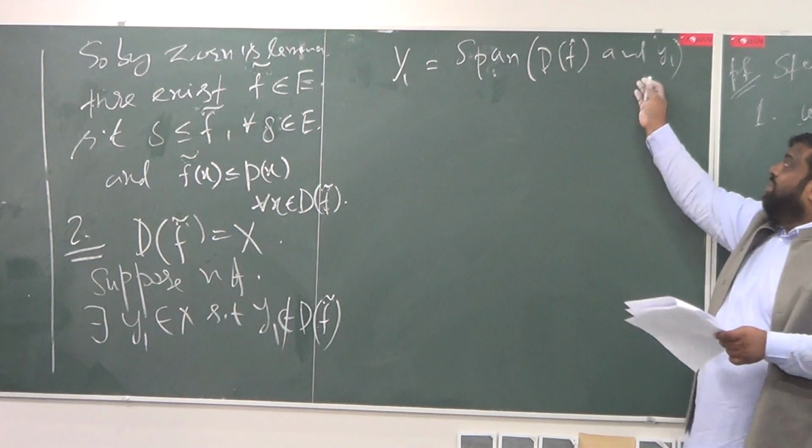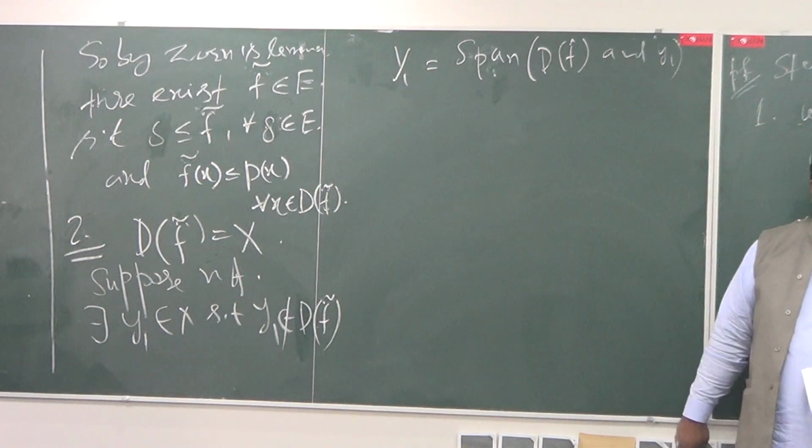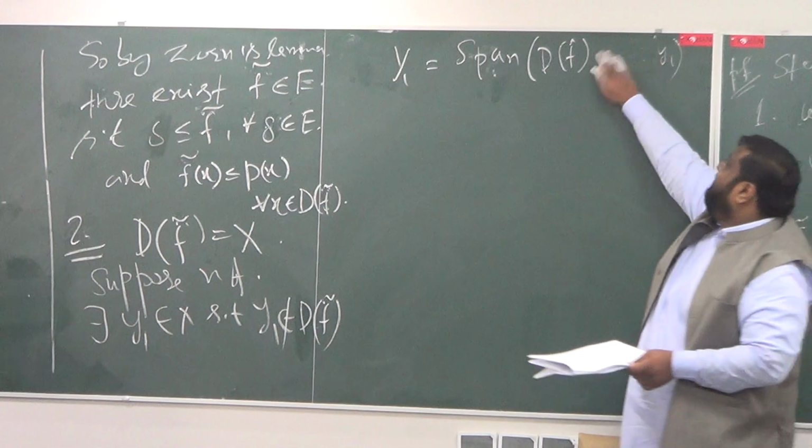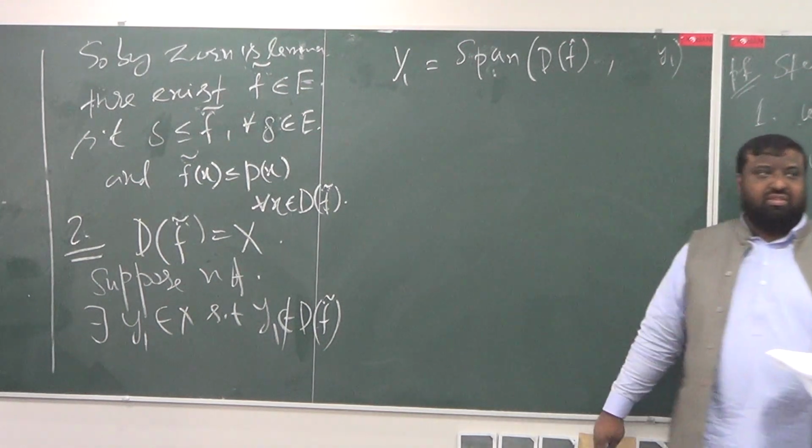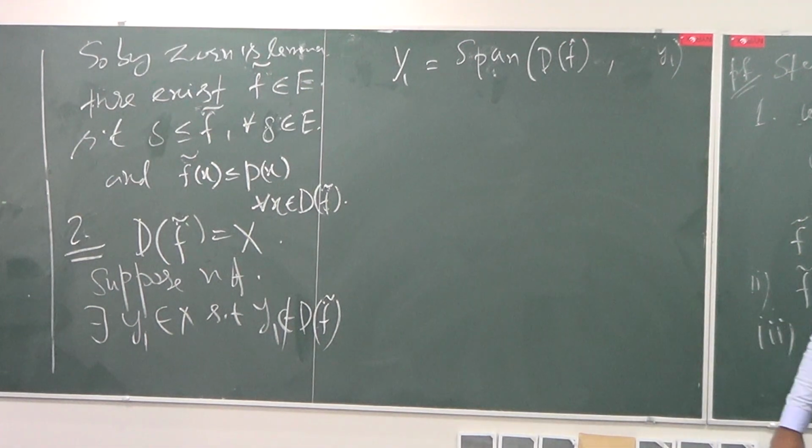It's like taking all possible linear combinations from the domain of f tilde and y1.